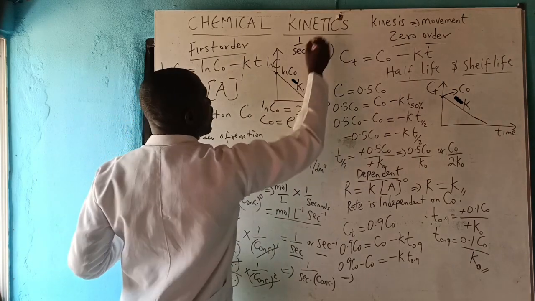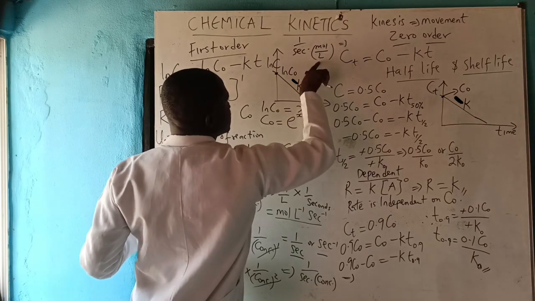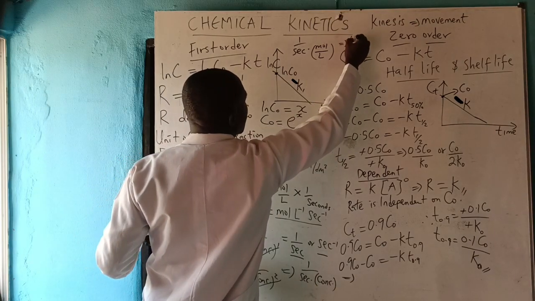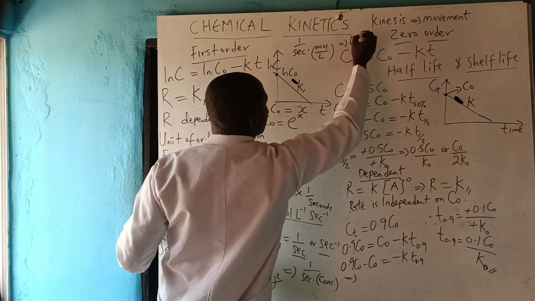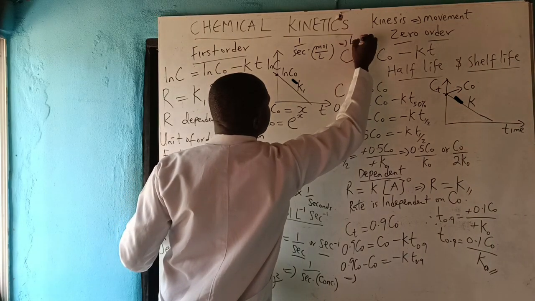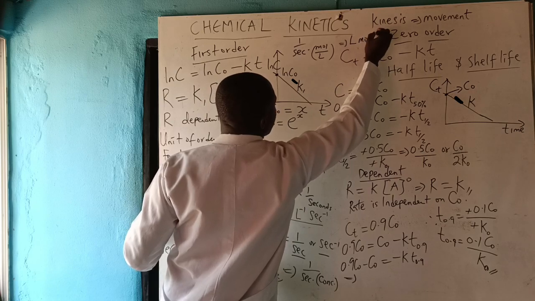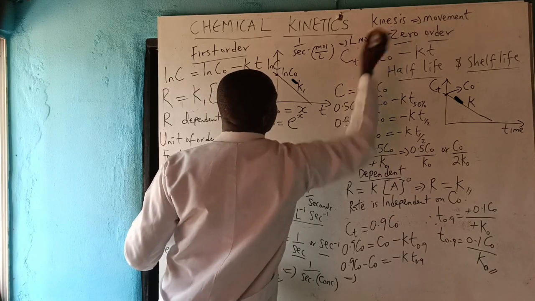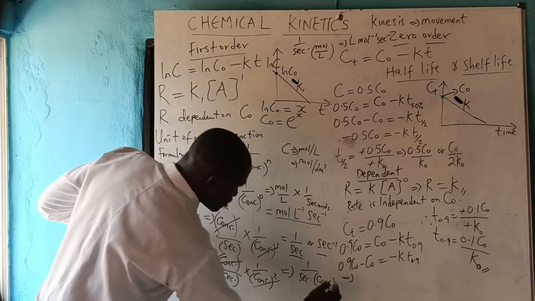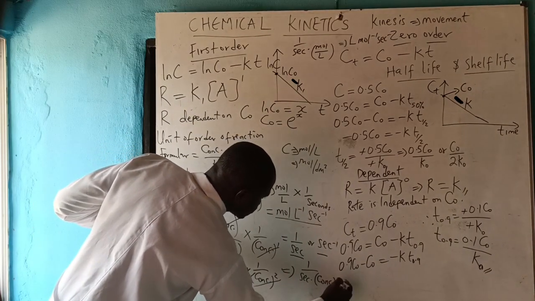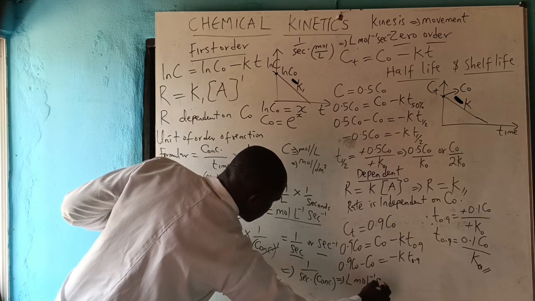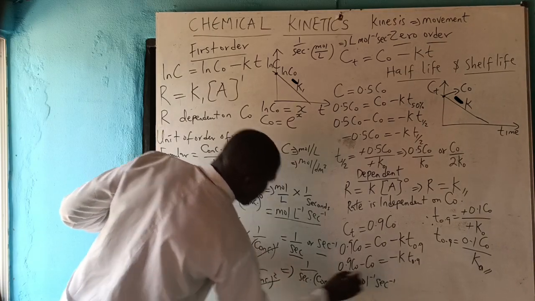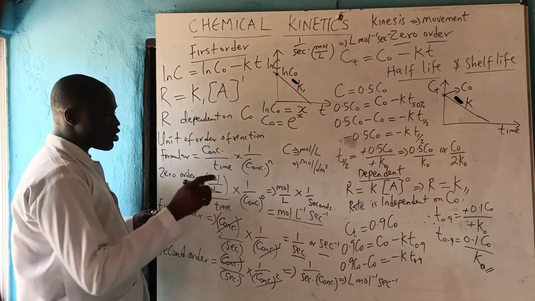And so what will happen now is that this L will come up, then this mole remains down. Mole per what? Second. Okay. So we now say the answer is what? L per mole per second. That is the unit of second order.